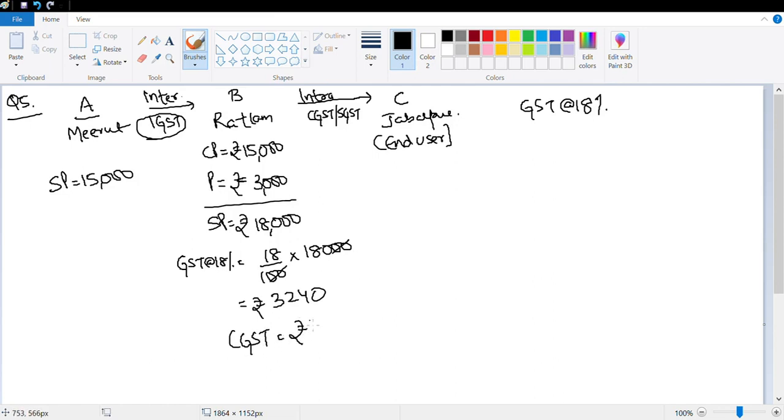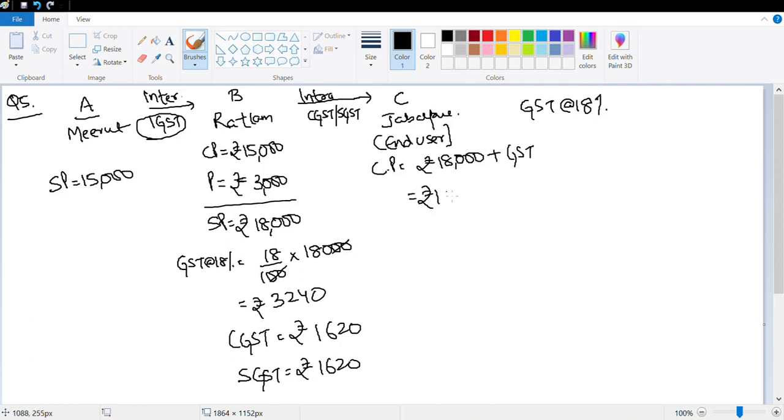CGST will be half of this, which is rupees 1620, and SGST will be half of it, which is rupees 1620. Perfect. The cost of goods, so the CP for him would be rupees 18,000 plus GST, which is rupees 18,000 plus rupees 3240, which is rupees 21,240.